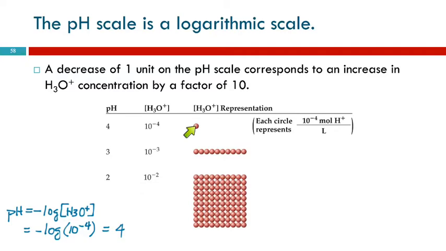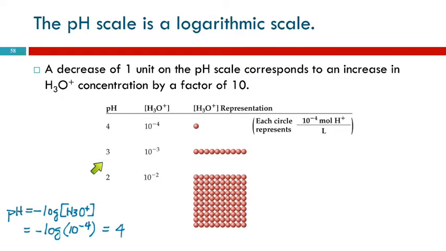So here we have this one circle representing 10 to the minus 4 moles per liter of hydronium ion concentration. A pH of 3 means that the hydronium ion concentration is 10 to the minus 3rd. So now we have 10 circles. The concentration has increased by a factor of 10 for this 1 unit change on the pH scale.